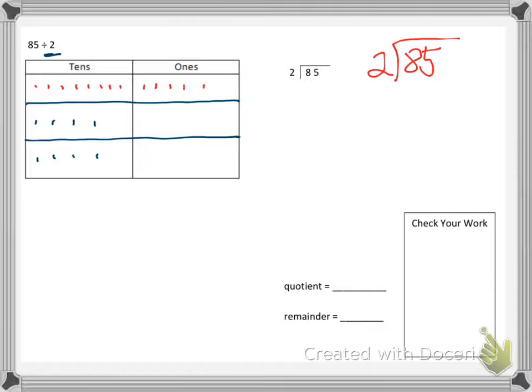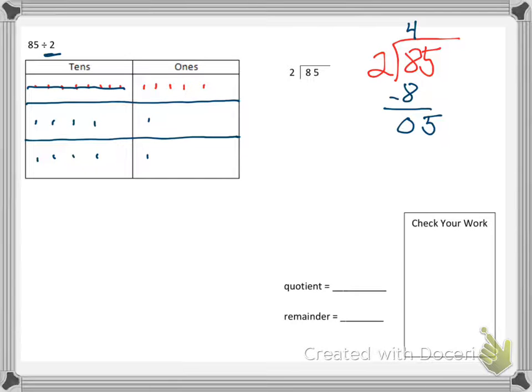So we've got 4 in each group. We used up all of our 8 tens. So over here, we're going to put a 4. Now we got to do it with the ones. Let's bring down our 5. And we're going to split up those 5 ones into 2 equal groups.